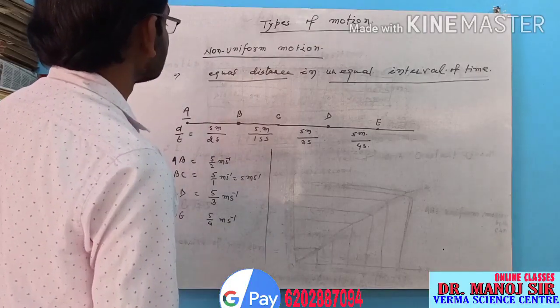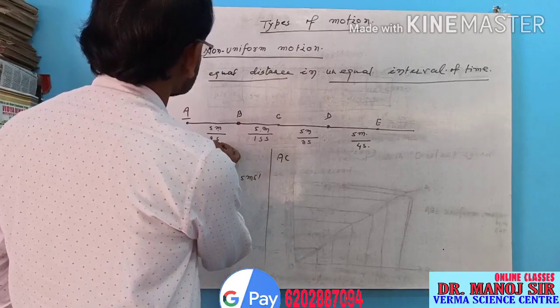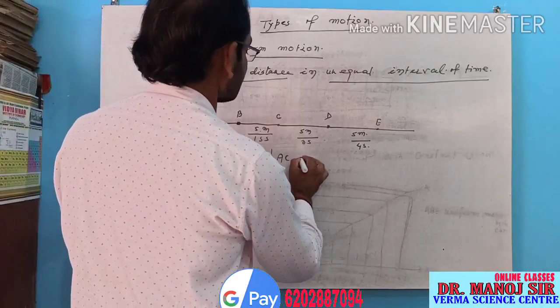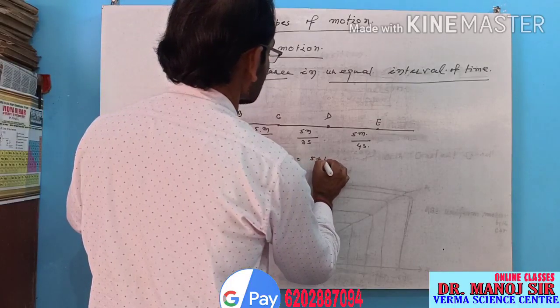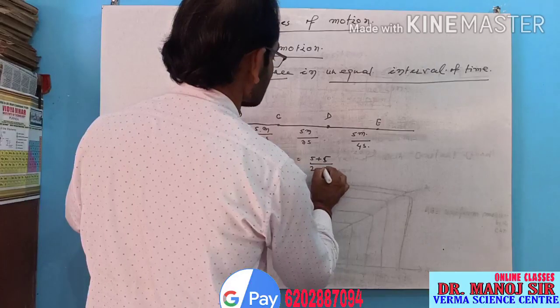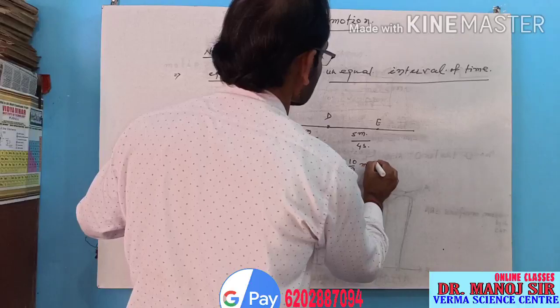Mathematically, AC took the interval of time 2 plus 1, so 5 plus 5 upon 2 plus 1, that is 10 by 3 meter per second.